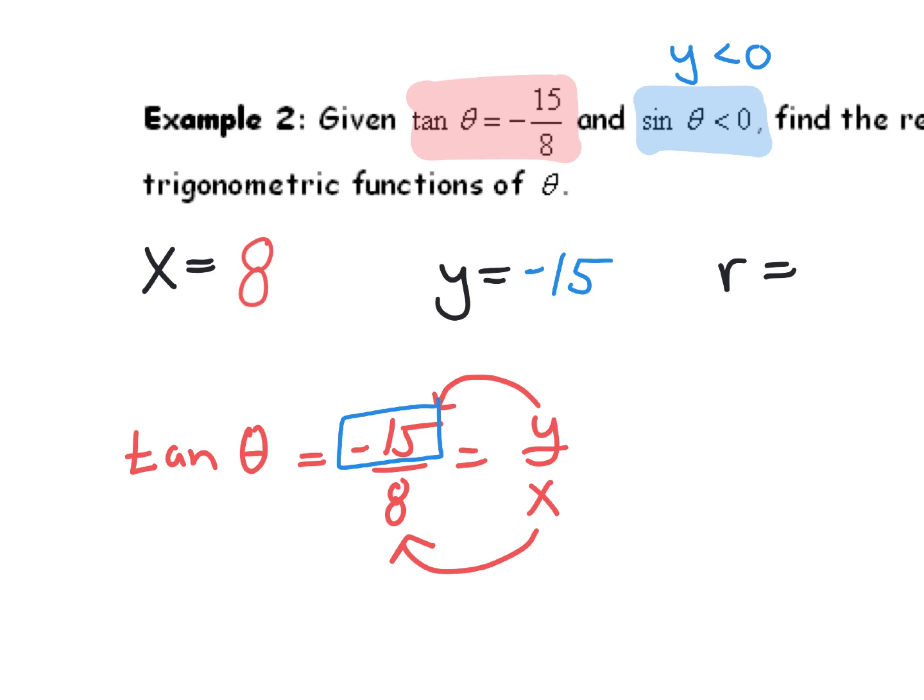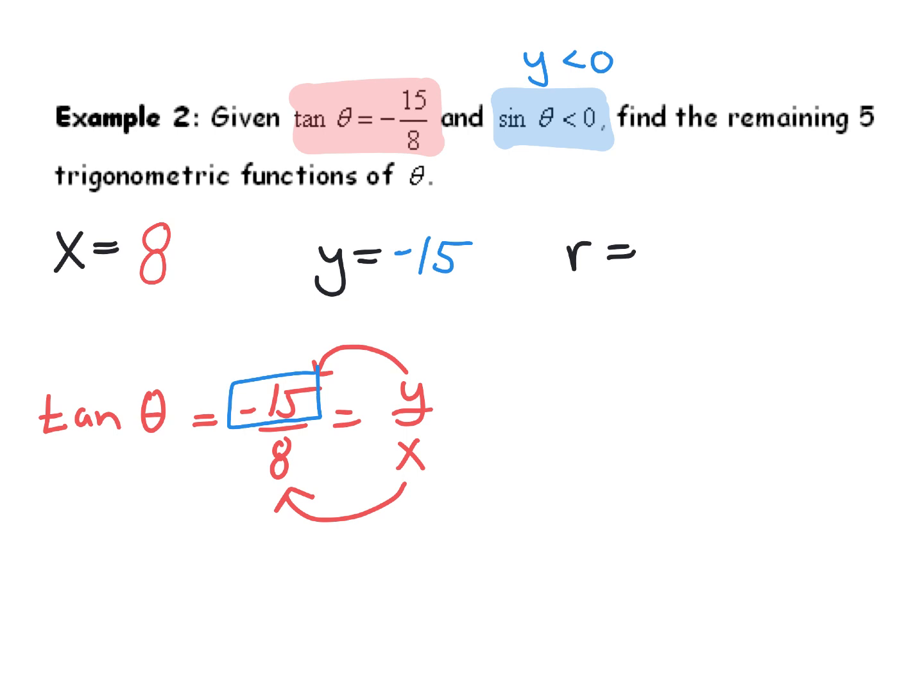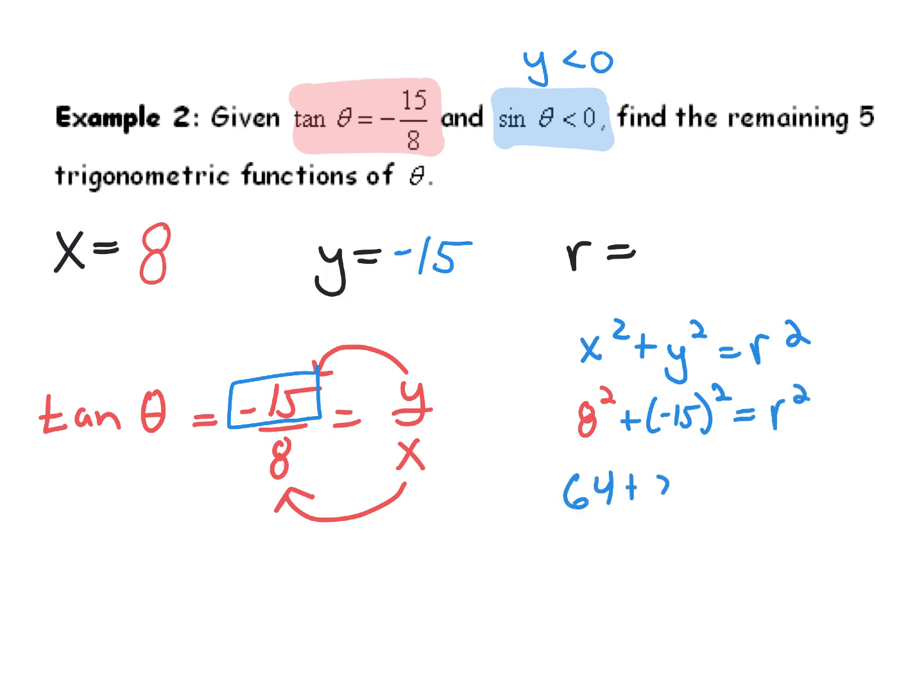So now I can just do the Pythagorean theorem, figure out what r is. I'm going to do my x squared plus y squared equals r squared. So I'm going to do 8 squared plus negative 15 squared equals my r squared. So I got what? 64 plus 225 equals r squared.